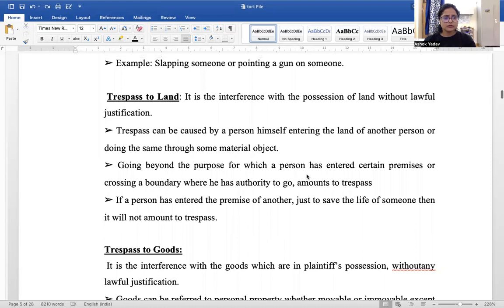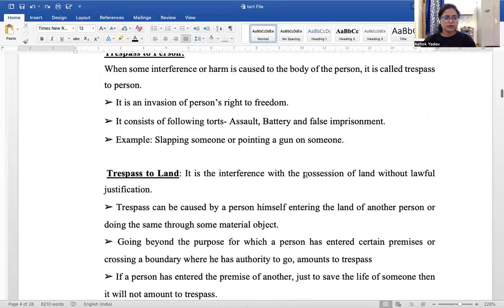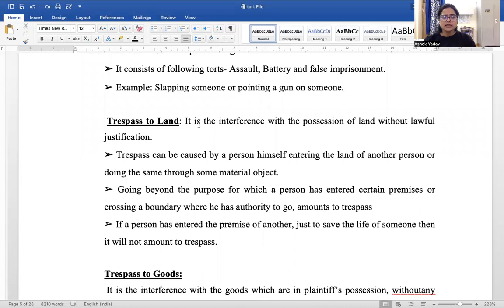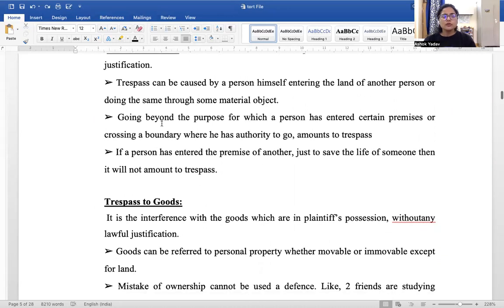Now this is the second one, trespass to land. It is an interference with the possession of land without lawful justification. Trespass can be caused by a person himself entering the land, or another person, or doing the same through some material object. Going beyond the purpose for which a trespasser has entered certain premises, or crossing a boundary where he has authority to go, amounts to trespass, right?